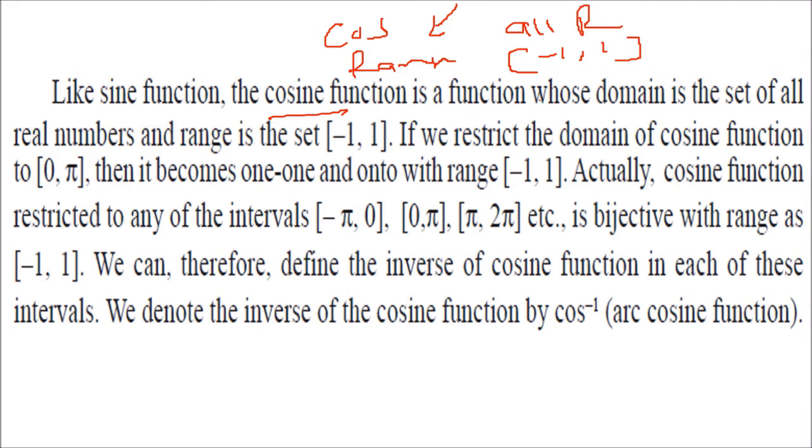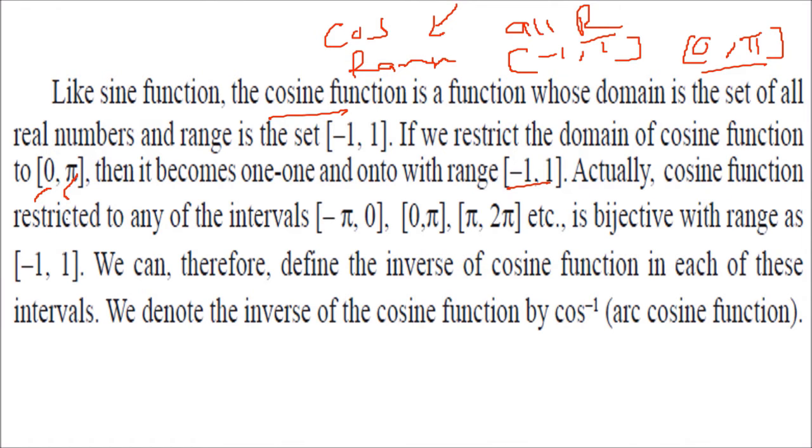So here again we restrict the domain of the cosine function to 0 to pi, because for all real numbers the cosine function will not be one-one and onto. For this range, the function will be one-one and onto, and for that we can compute the inverse. And we are talking about inverse trigonometric functions. So the range would be -1 to 1. This is okay, because cos 0 and cos pi will give you 1 and -1.